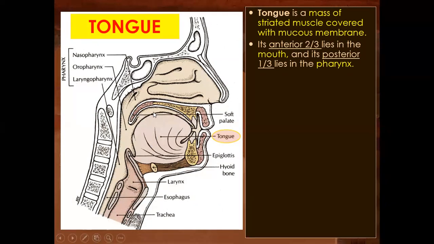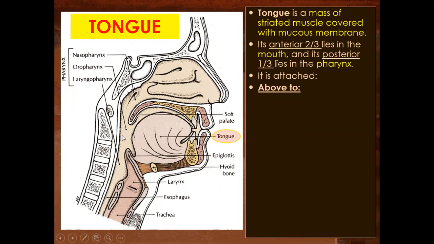If you see here, this is the anterior 2/3 of the tongue, which lies in the oral cavity, and the posterior 1/3 lies in the pharynx, the oropharynx. It is attached above to the styloid process and the soft palate.